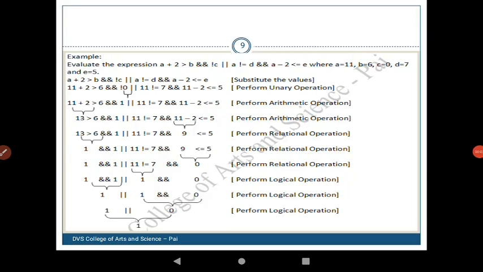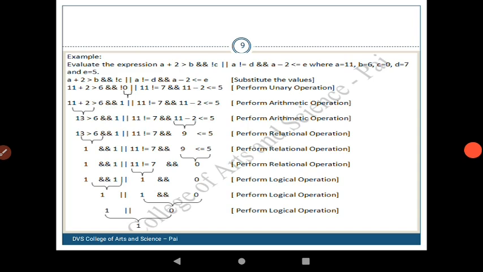At first, you need to substitute the given values in the expression. Now the expression will become 11 plus 2 greater than 6, logical and not 0, or 11 not equal to 7, logical and 11 minus 2 less than or equal to 5.